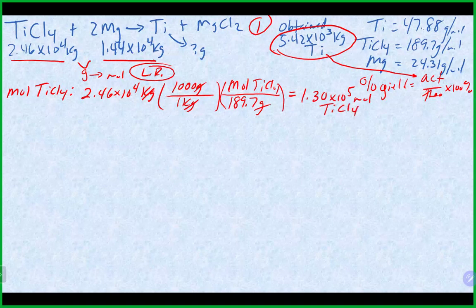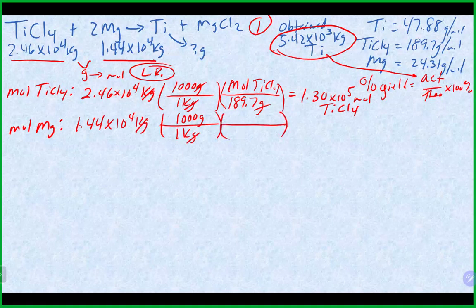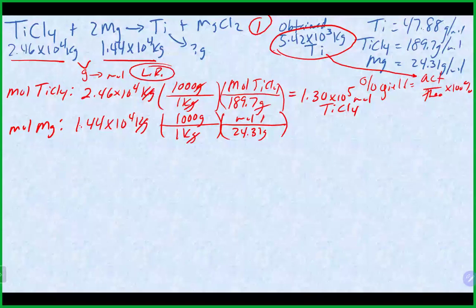We're going to do a similar calculation here for our other reactant. So our moles of magnesium will be 1.44 times 10 to the 4 kilograms. Once again, I'm going to convert it into grams first. And now I can use my molar mass like I did above for magnesium, 24.31 grams per mole.